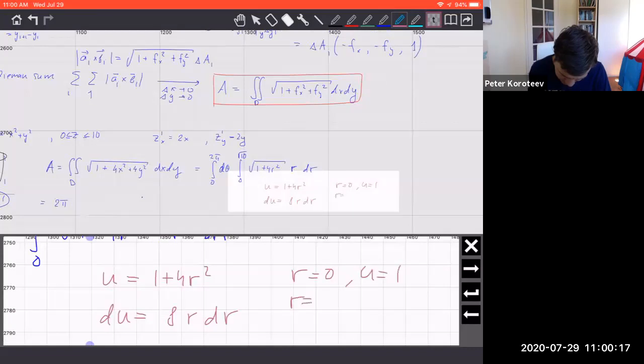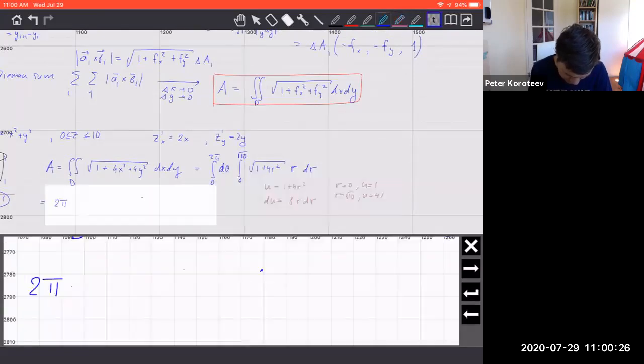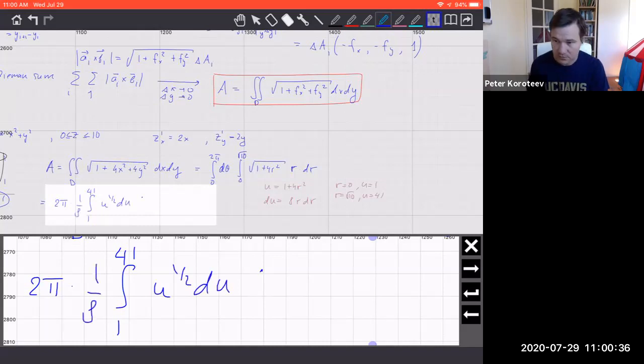When r is equal to square root of 10, u is equal to 41. So the integral will go from 1 to 41 of u to the 1/2 du, times 1/8.